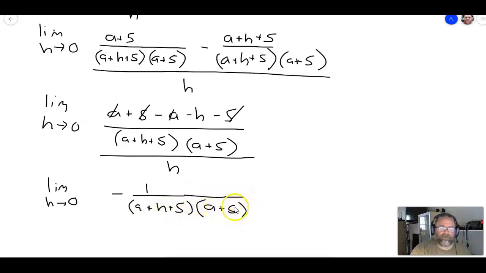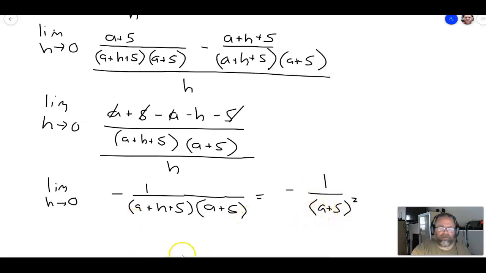All right. So now I try to plug the 0 in again once I get that h out of the denominator by itself. And that's going to give me negative 1 over a plus 5 times a plus 5. So this is a plus 5 quantity squared. And that's your formula for the derivative of the tangent line.